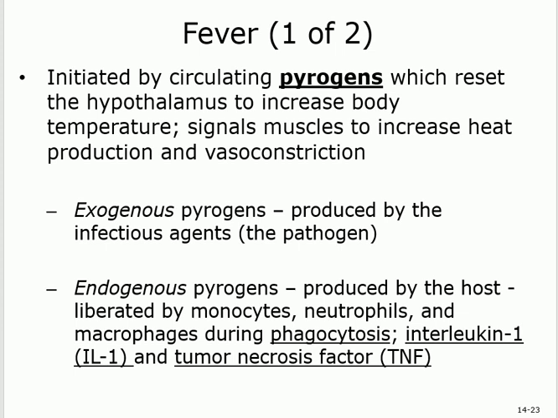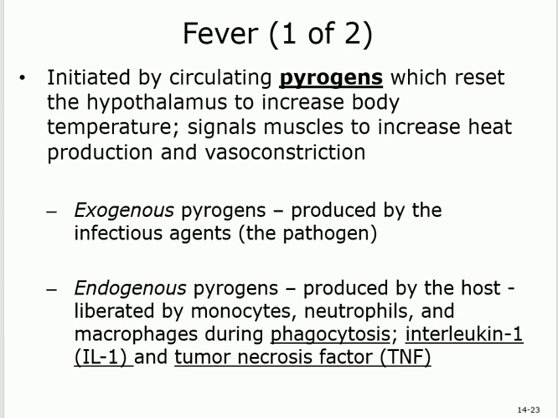This is how the hypothalamus is set. It's just like an air conditioner, exactly like an air conditioner. If a pyrogen comes, it will go to the hypothalamus, and the set point is going to change, and then the fever will be produced. How is the fever going to be produced? Muscles.